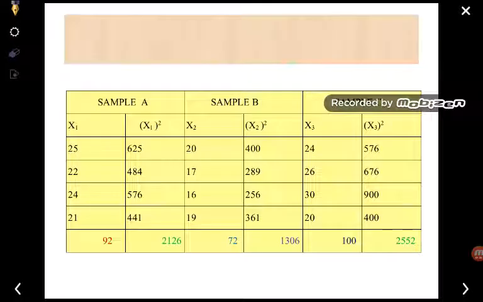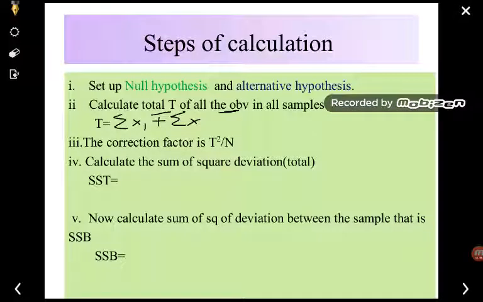So we have to make 3 columns, and then divide each column again into 2 divisions. The first column is sample A, next is sample B, and the third column is sample C. The next step is to calculate the total T of all the observations in all the samples.